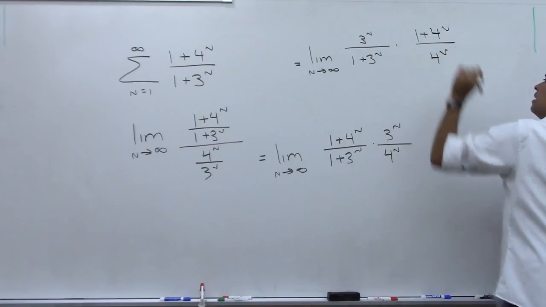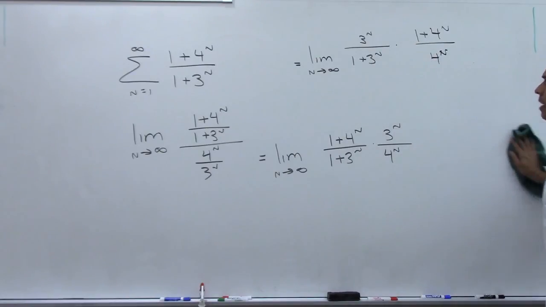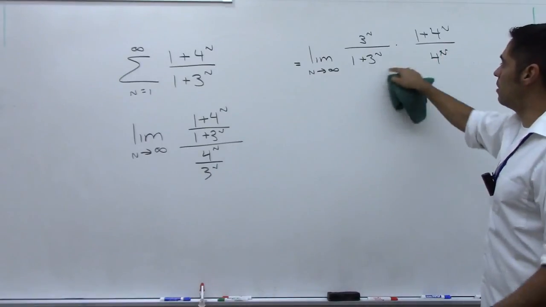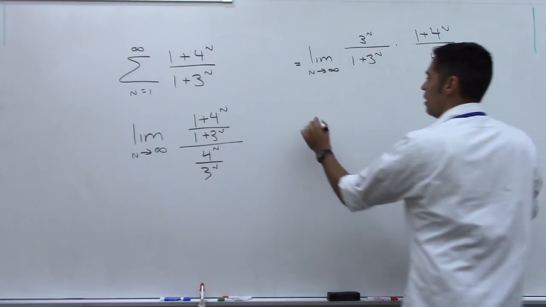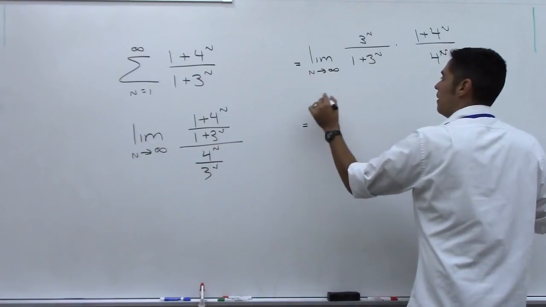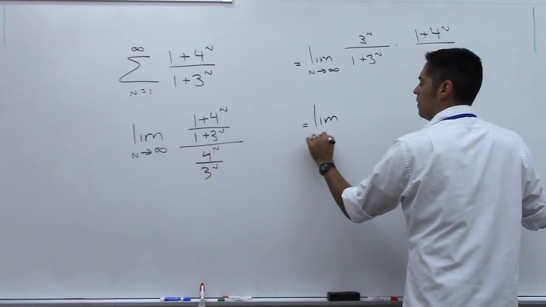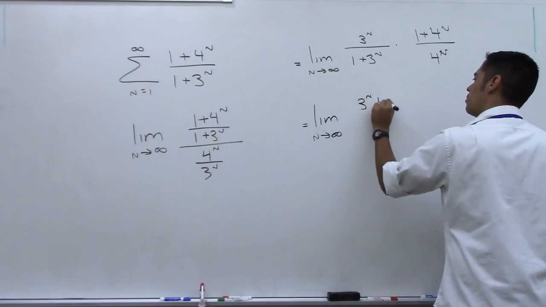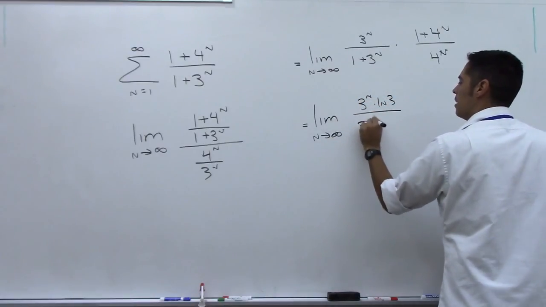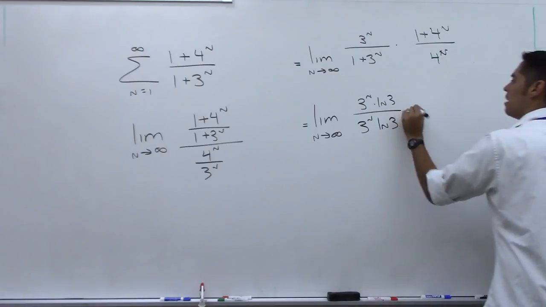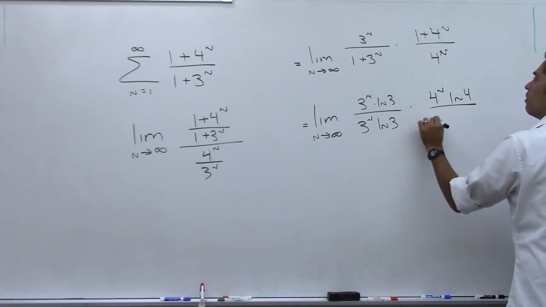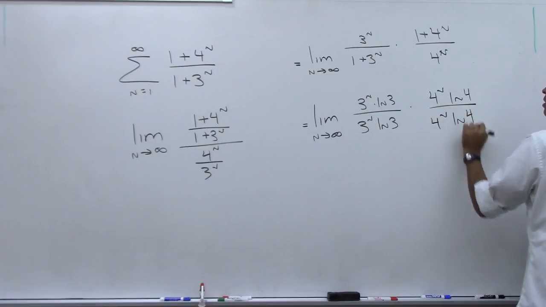And then when I do L'Hopital, since it's a product, I can just do L'Hopital on each one. So I would get something like the limit as n goes to infinity. L'Hopital on this would give me 3 to the n natural log 3 over 3 to the n natural log 3, times, this one would be 4 to the n natural log 4 over 4 to the n natural log 4.